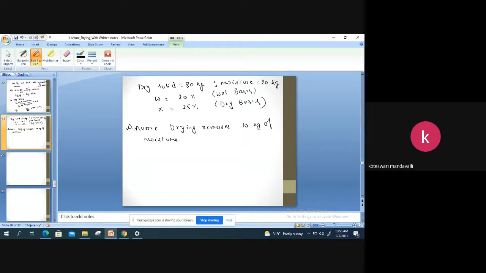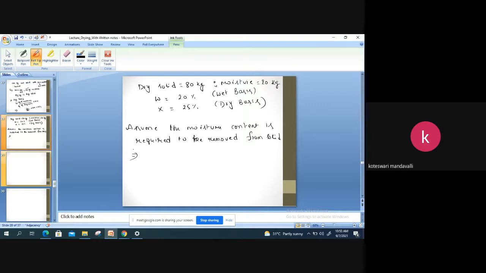Or otherwise, assume the moisture content is required to be removed from the solid.